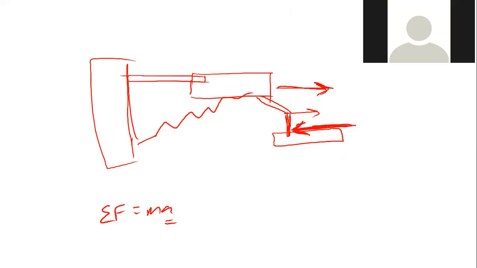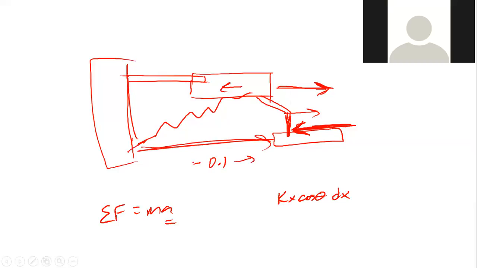The problem when you get to those, if you try to do it something like this, is that this spring force now has a component acting this way, right? And you'd have to integrate that component. So you're going to have some sort of kx times cosine theta, and then you're going to have to do a dx of that throughout this 0.1. I think it moved to the right 0.1 meters or something, right?